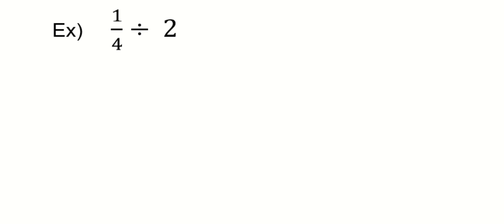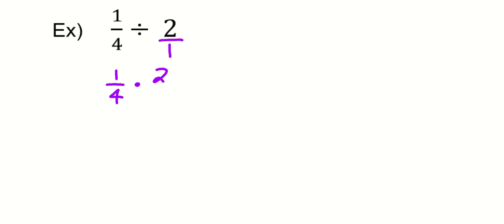Well, slight curveball. 1/4 divided by 2. Whenever there's a fraction involved, I mean, make that into a fraction. Now we have something to flip here, huh? Leave, change. Wait.